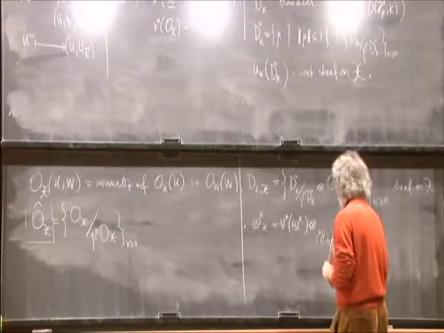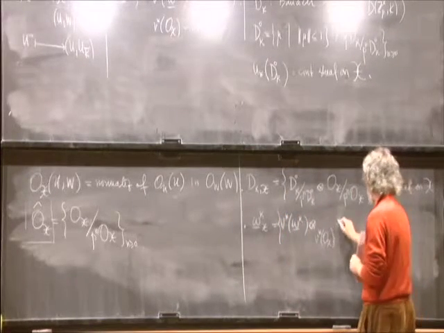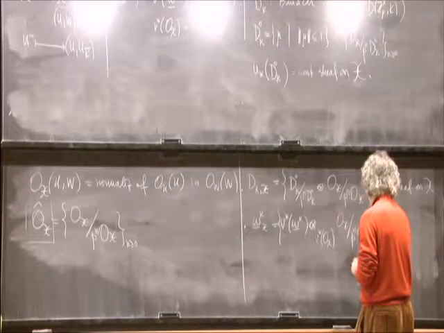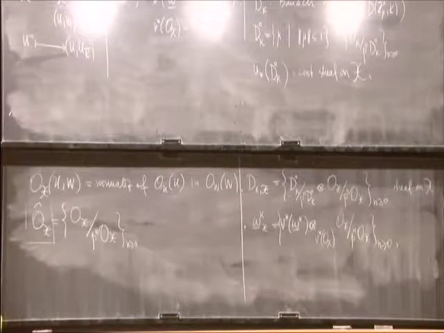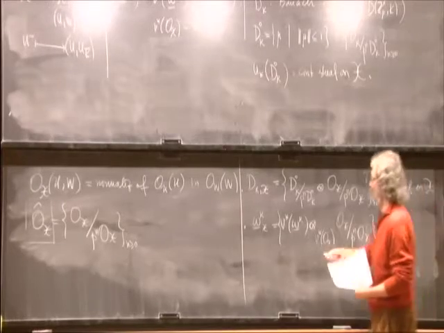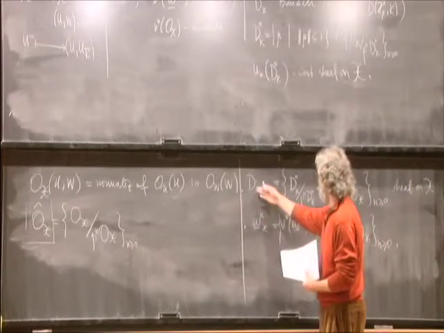So I have to define again a continuous sheaf. So I basically tensor the sheaves that I'm interested in comparing, d kappa and omega kappa.